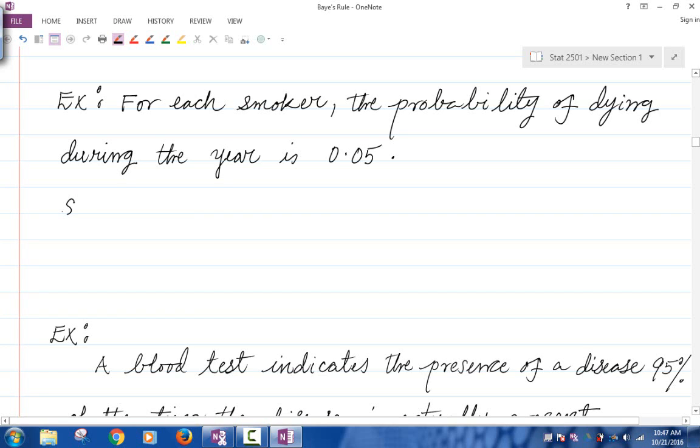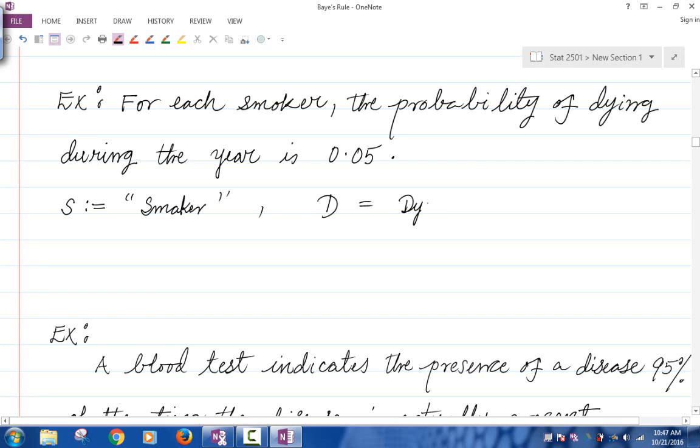Let's take S to be the event that someone is a smoker, and D the event that someone would die during the year.